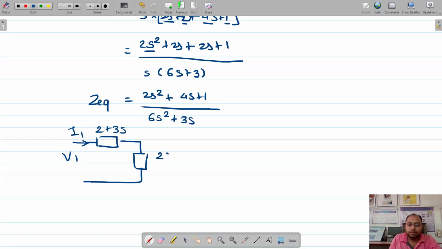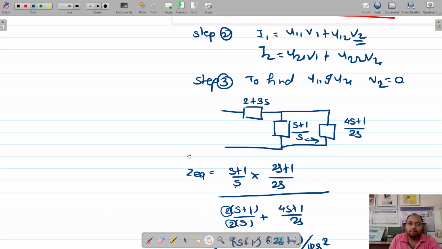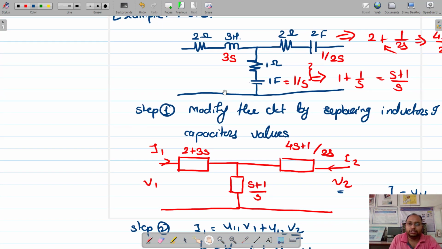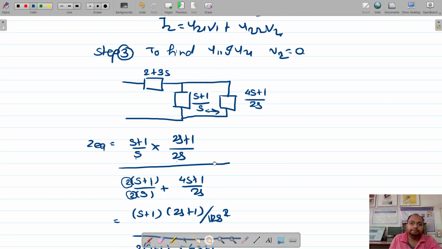And this is nothing but 2s square plus 4s plus 1 divided by 6s square plus 3s. So see how the complexity is going to increase if I put the capacitor at this position. If the capacitors are there, then definitely the circuit complexity will go on increasing.